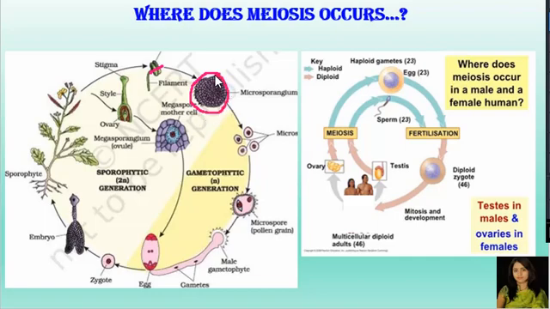Microsporangia is the plural and microsporangium is the singular. In the microsporangium, there is a specialized tissue called sporogenous tissue. The cells of the sporogenous tissue undergo meiotic division and that results in the formation of 4 haploid microspores.